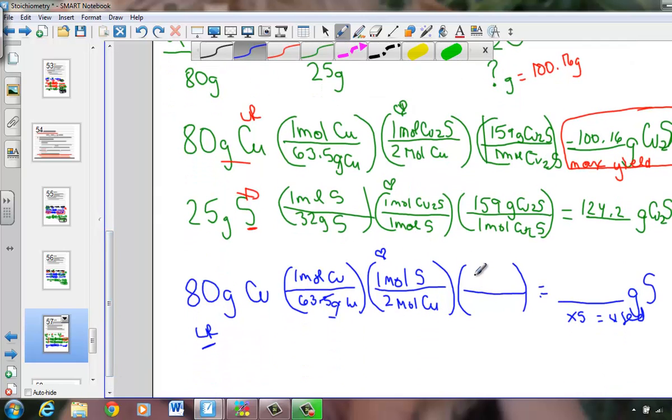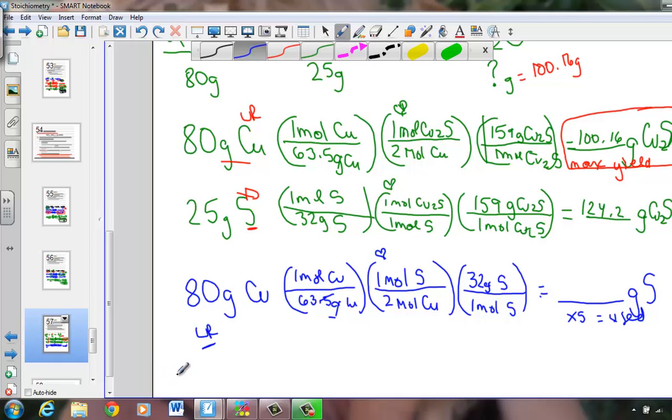In the last step, let's use the molar mass of sulfur to get out to a gram unit, just so I can subtract like units. Since the quantity was given to me in a gram, I better end in a gram so I'm able to subtract. I'm going to start with my limiting and I work to the excess.